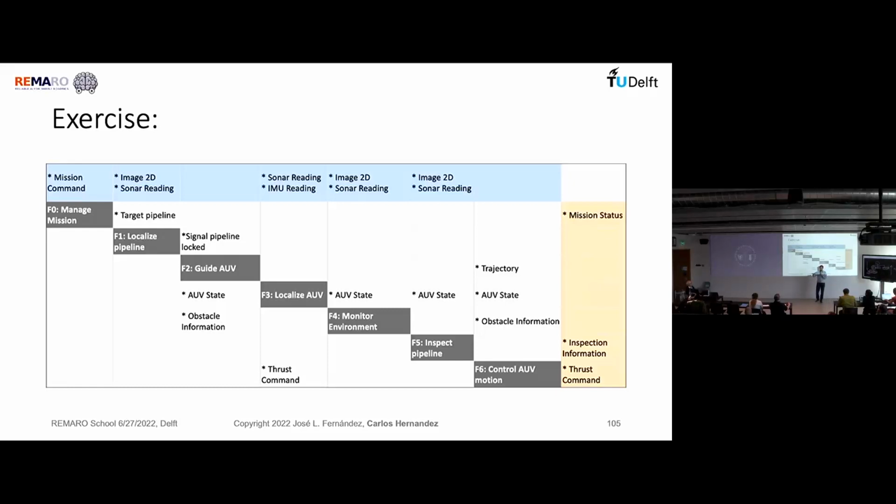So if any close obstacle is detected, that might go directly into the local motions of the robot to avoid it. And depending on how you do your state estimation, you may also use the current control command to estimate your state. So here you can actually see a loop between localize AUV and control AUV.